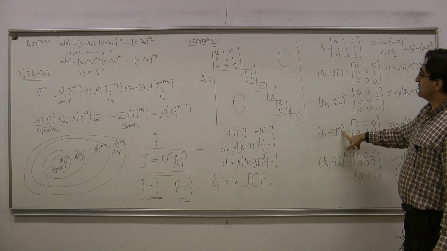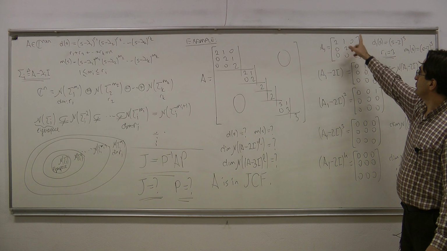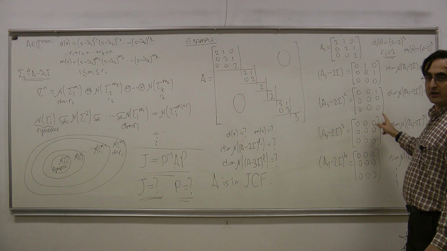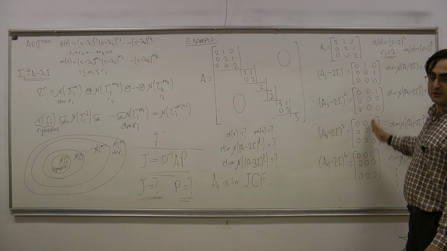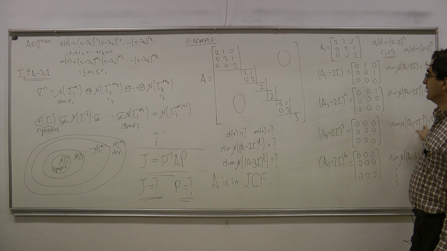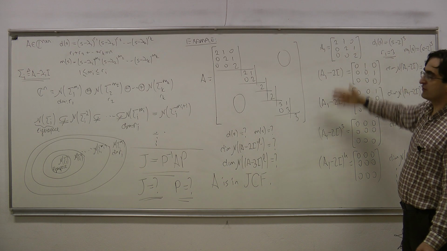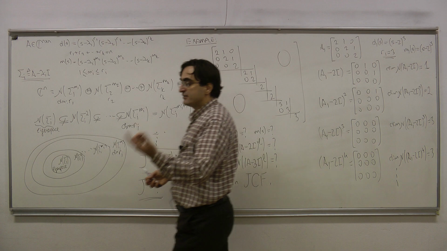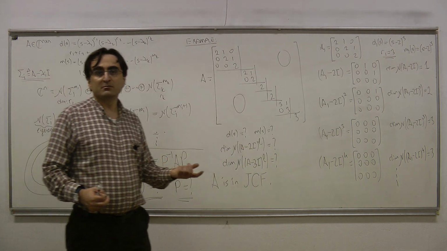And if I take the power 3 of a 3 by 3 Jordan block, then I would get the 0 matrix, which is going to bring an additional 0 column, which would increase the null space dimension by 1. So each power increase in a single Jordan block would bring a single additional null space dimension.